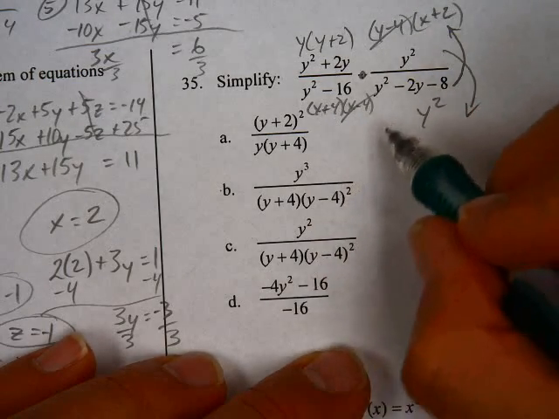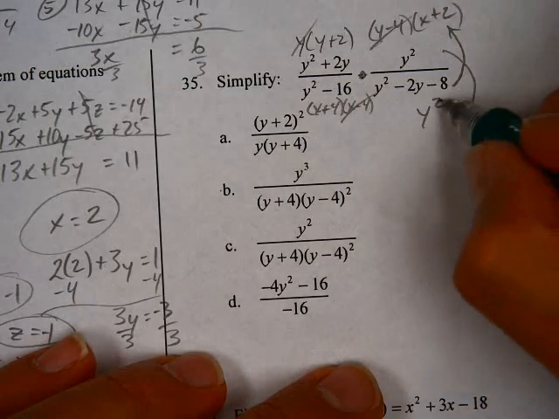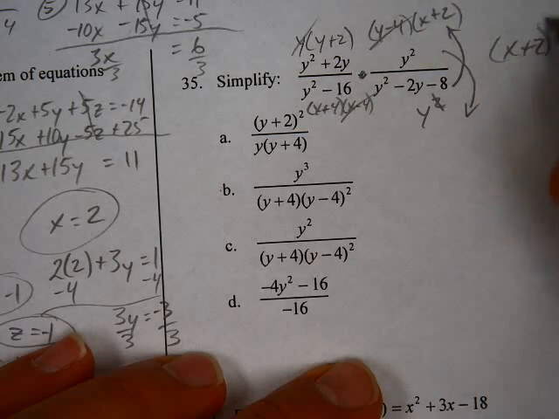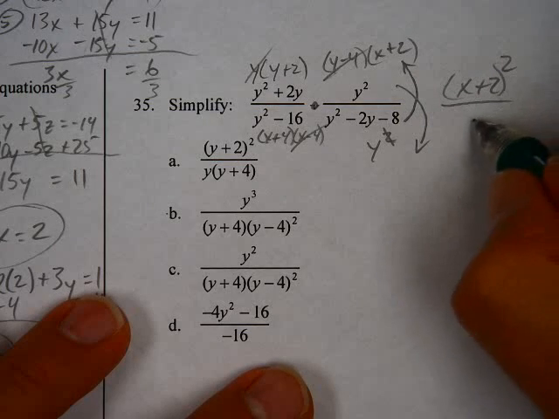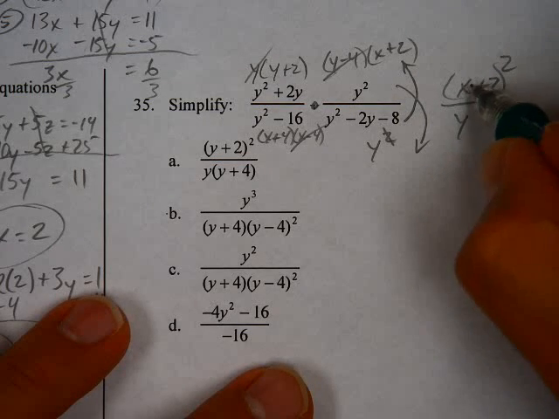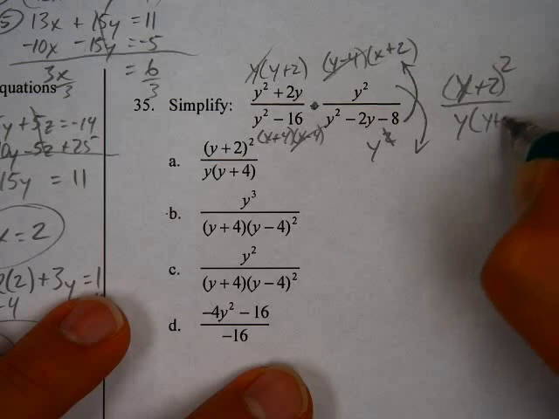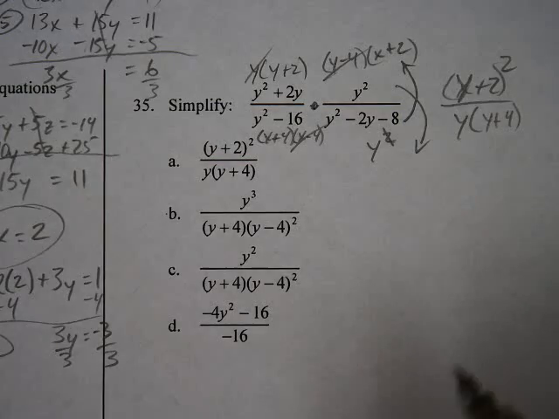It looks like more was going to cancel, but that y will at least cancel with this guy here, leaving us with x plus 2 squared on top. And on the bottom, we have an x times y plus 4. That looks like answer A.